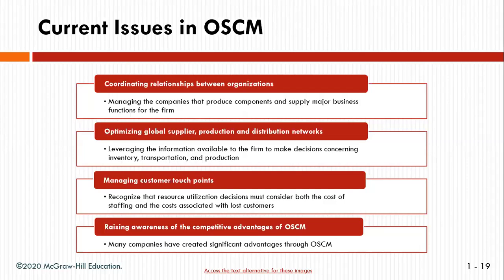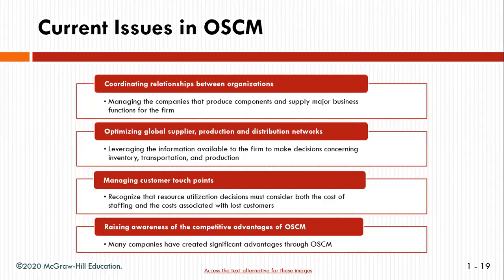The second thing is optimizing global suppliers, production, and distribution networks, mitigating the risk, getting things on time, minimizing the cost. All of this is part of optimizing global suppliers, because now it's a global market and it's open.